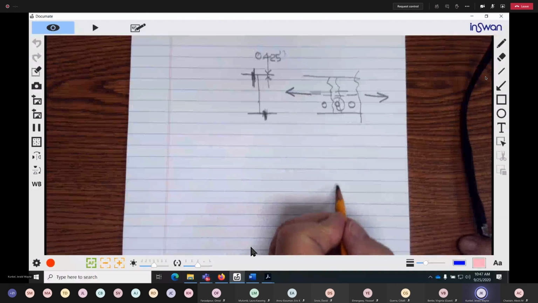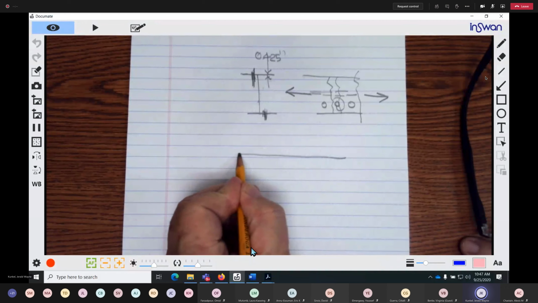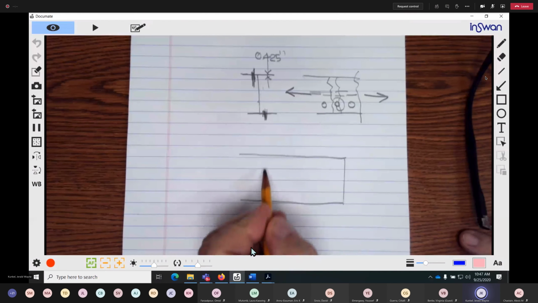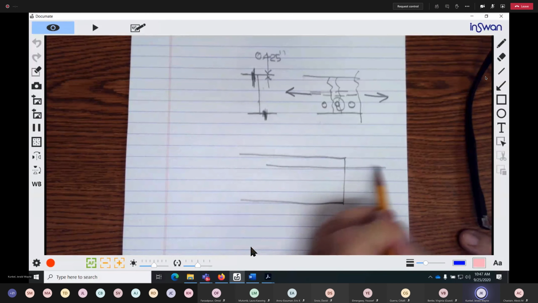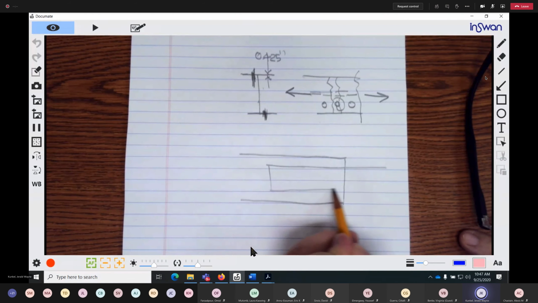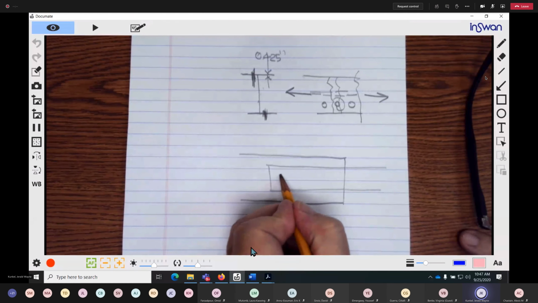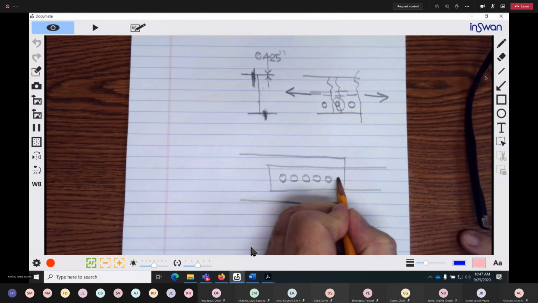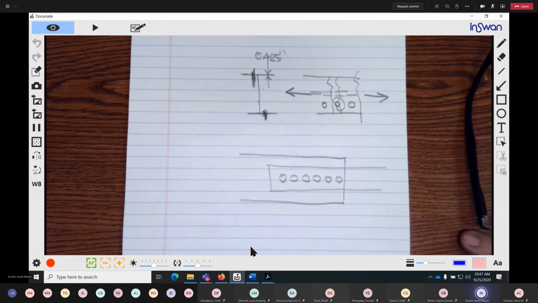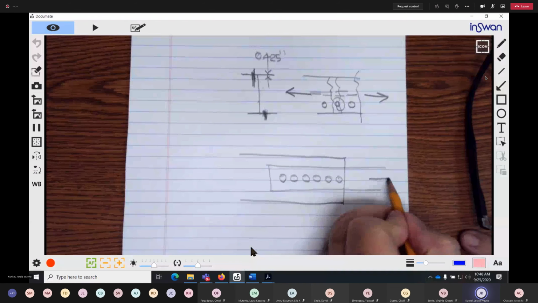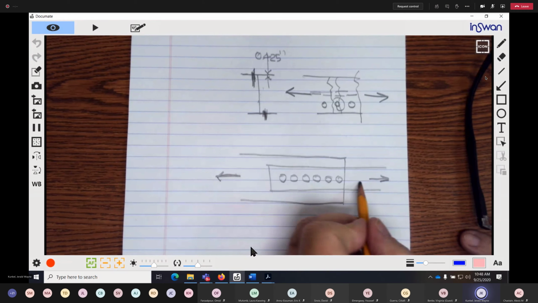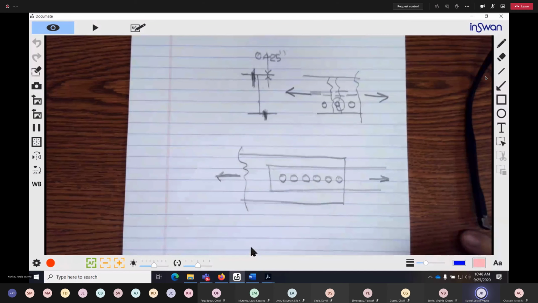to the holes. So looking at this again, if I had a plate, okay, we did example problems with a plate. So here's one plate, here's the other plate, okay, and I got 6 holes there, and I'm going to apply a tension force to this plate.